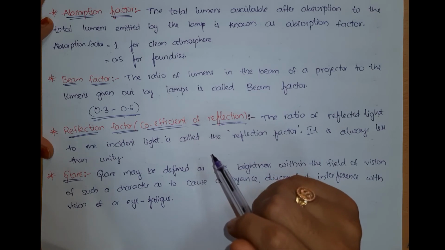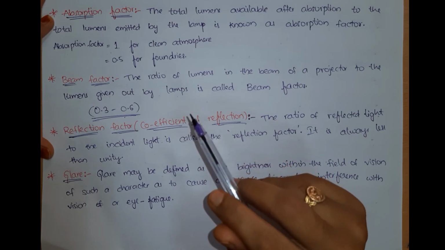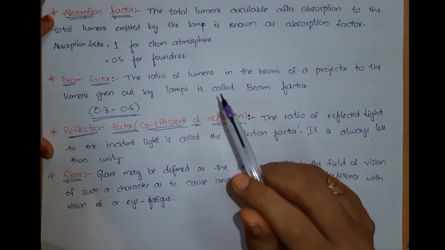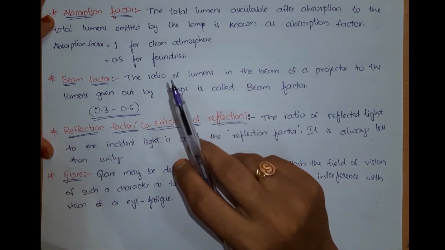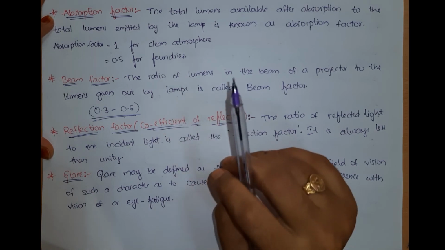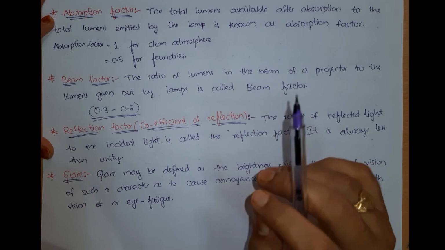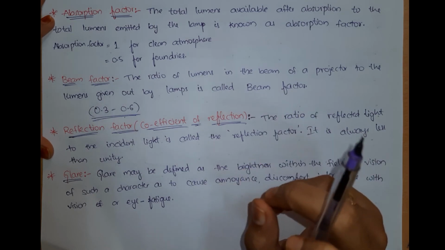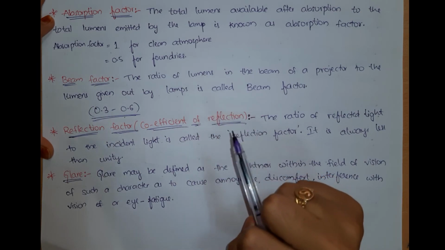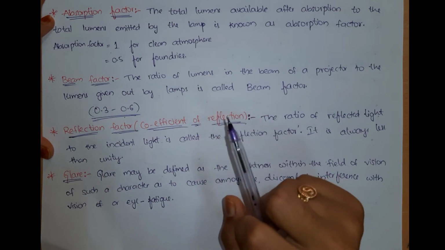So if you see, generally in winter season, when you drive a car in the early morning times, the complete light emitted by the sun is not falling directly on the road, but there may be smoke which is completely absorbing the light and restricting us to move forward, right? So in such areas, what is the amount of light that is emitted by the source and how much amount of light undergoes absorption? So that is called absorption factor.